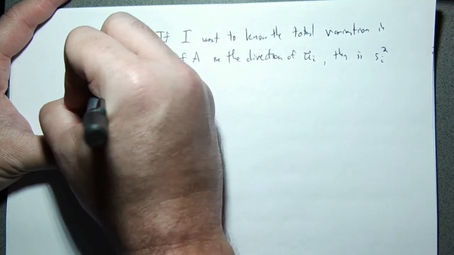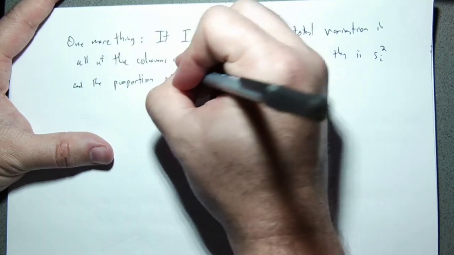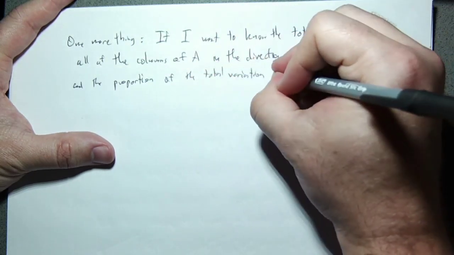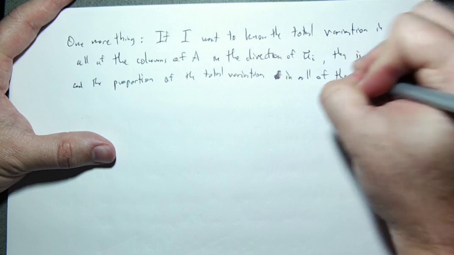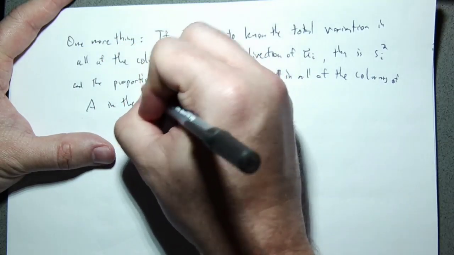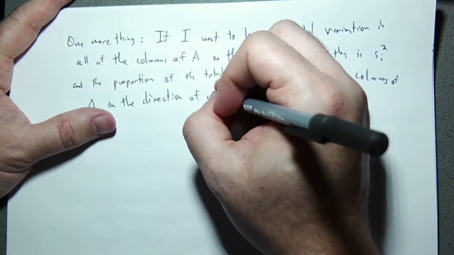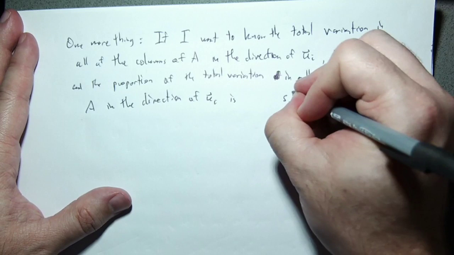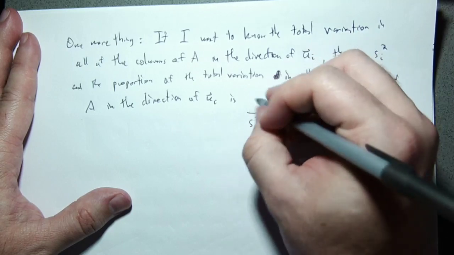And the proportion of the total variation, I should say, in all of the columns of A in the direction of U sub i is S sub i squared divided by the sum of the squares of all the S sub i's.